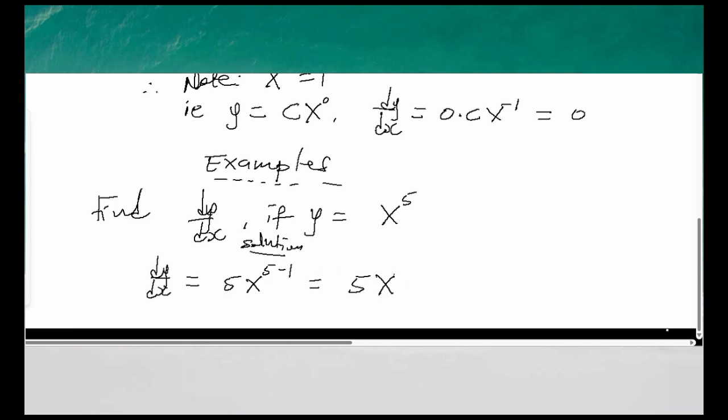Now 5 minus 1 will give us 4. So simply, therefore, dy/dx is equal to 5x raised to the power 4. You see that? Let's say that is example 1.